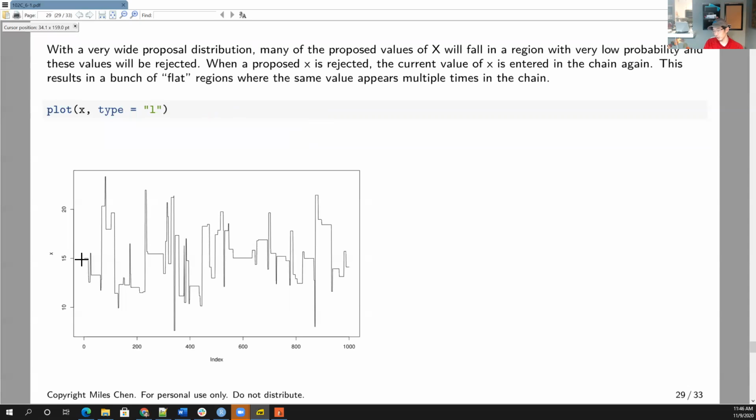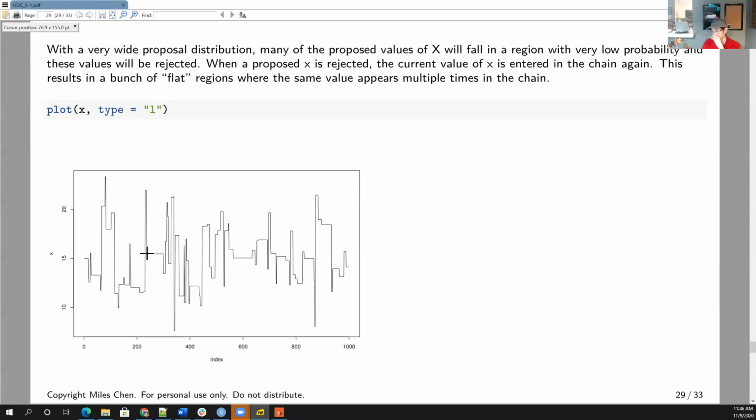I started off at 15, and what we see is these flat regions. It almost looks like a cityscape of skyscrapers. Let's take a look at what happened here. Here it looks like I'm around 15 or 16.